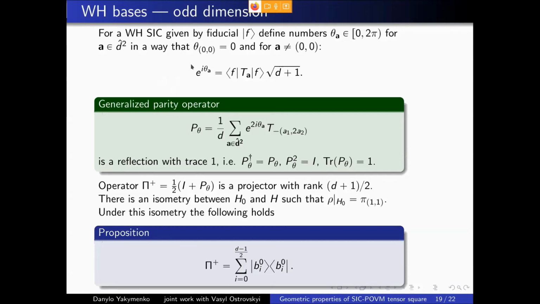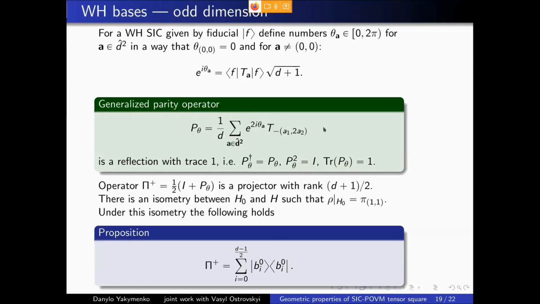Once we have a SIC, we can define the phases that correspond to angles between vectors of the SIC, and we can algebraically define this operator, which will be a reflection with trace 1, so that it's self-adjoint, and if you square it, you get the identity.